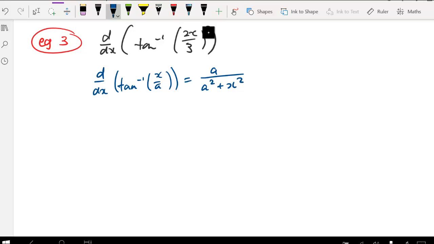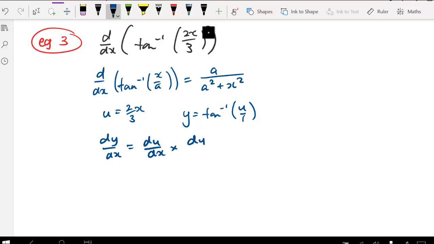So in this scenario, we're going to let u equal 2/3 x, and therefore y will be equal to arctan of u on 1. And so this should be the easiest scenario. So dy/dx will be du/dx multiplied by dy/du.